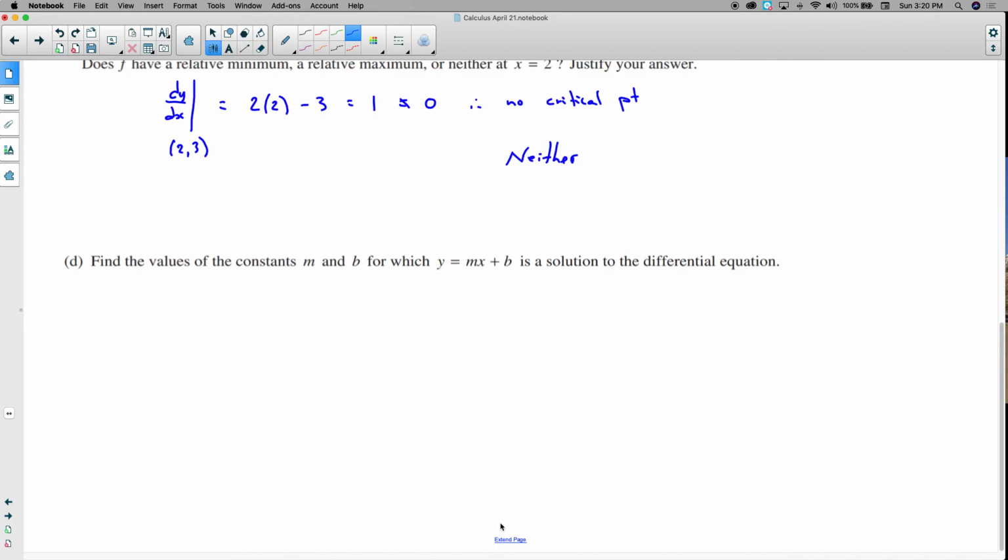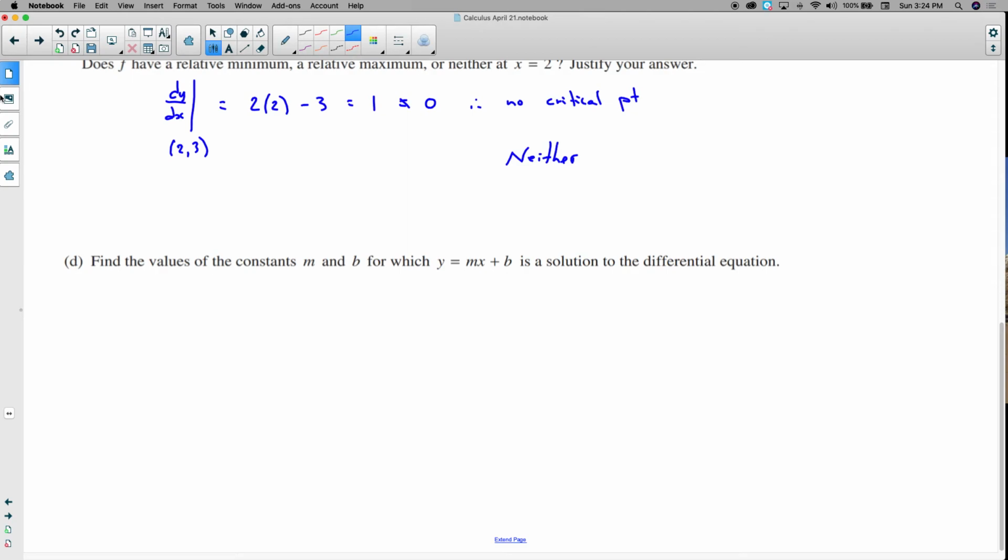And part D. Find the values of the constants m and b for which y equals mx plus b is a solution to the differential equation. All right. This one's tricky. It doesn't follow suit with the other ones, where late in the problem they ask you to go find the function f of x, and they give you some initial condition, and we do separation of variables and so forth.